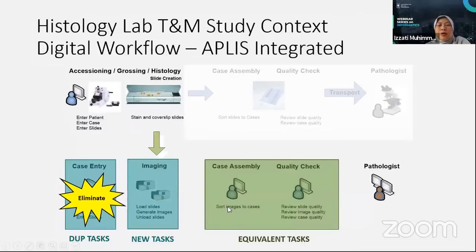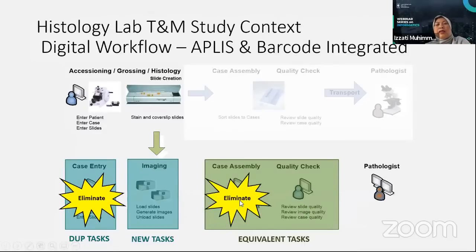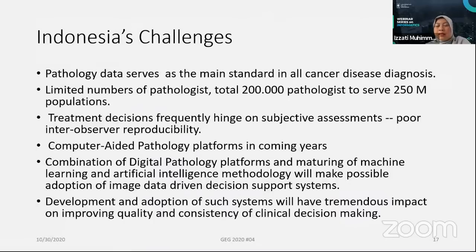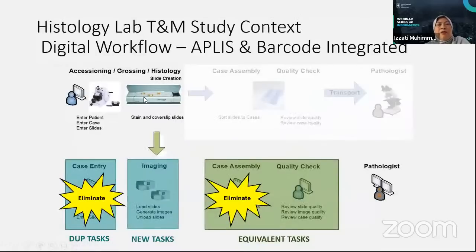You don't need to sort images to cases, so this process can be eliminated. So then the workflow will be simple: case entry, preparing the glass slide, and then imaging, and then quality check of the slide, or review of the image quality, and then sending digitally to the pathologists. This workflow is done by the laboratory worker and then read by the pathologist.